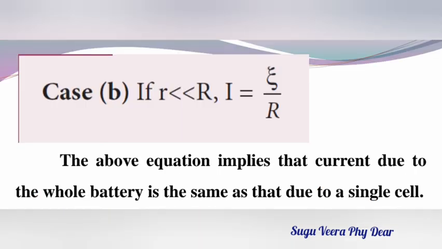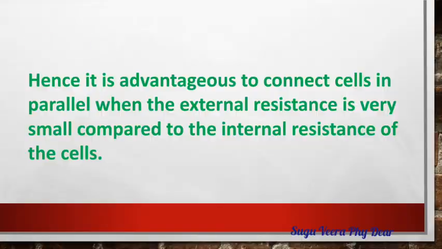Case 2. If r is less than R, I equals ψ divided by R. This implies that the current due to the whole battery is the same as that due to a single cell. Result: it is advantageous to connect cells in parallel when the external resistance is very small compared to the internal resistance of the cells.